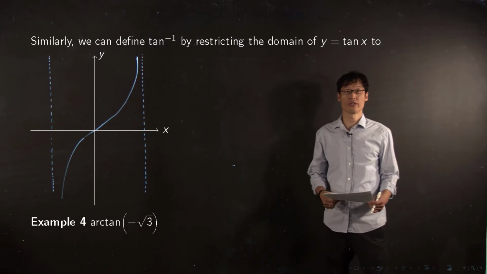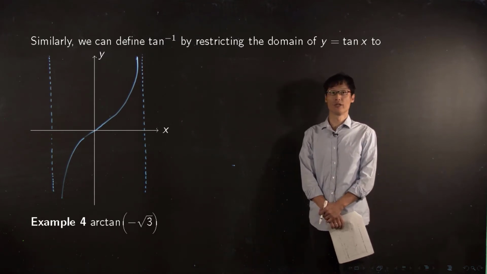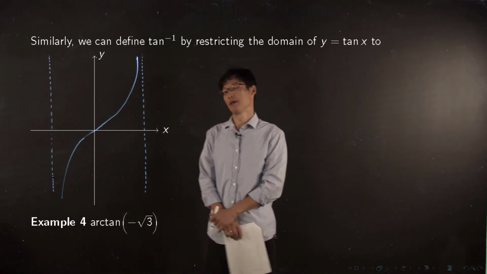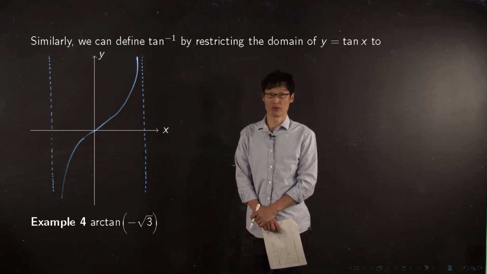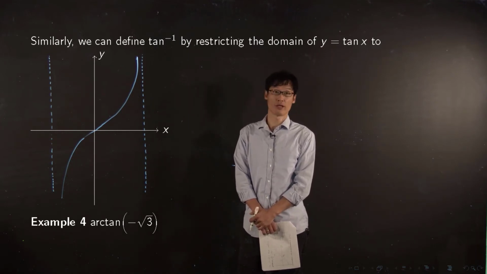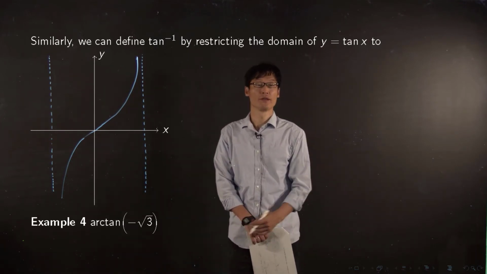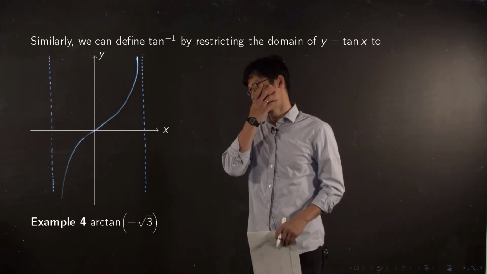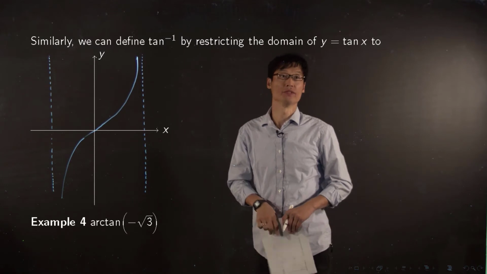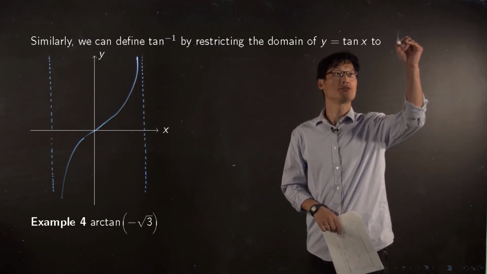Okay, the last function is the inverse of tangent. So tangent repeats this pattern for every pi. So it's not a one-to-one function, but we restrict the domain to certain intervals so that it is one-to-one. For this tangent, we need to take an open interval.